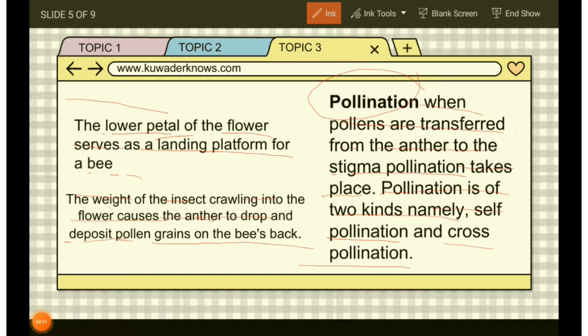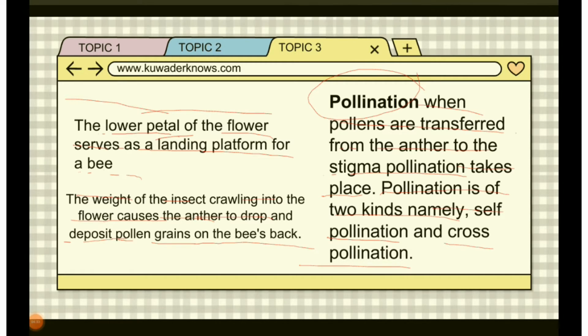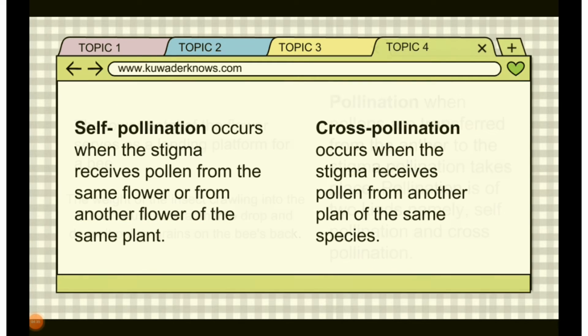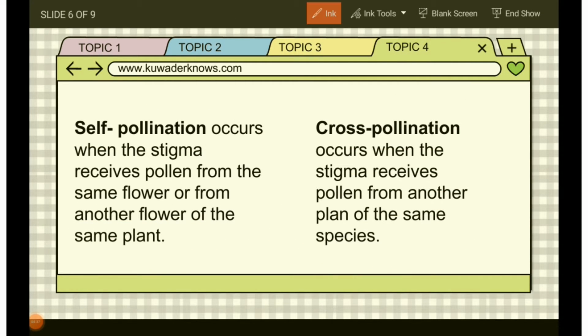Self-pollination occurs when the stigma receives pollen from the same flower or another flower of the same plant. So, self-pollination occurs when the stigma receives the pollen.